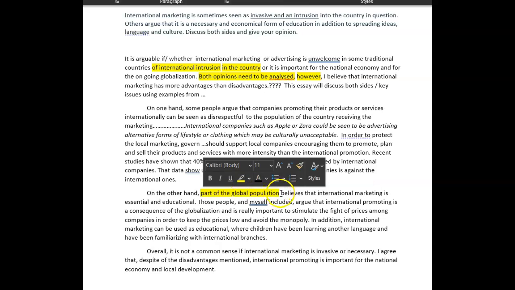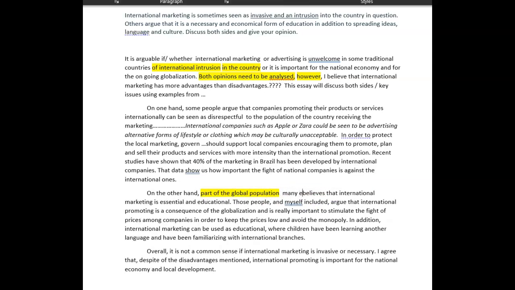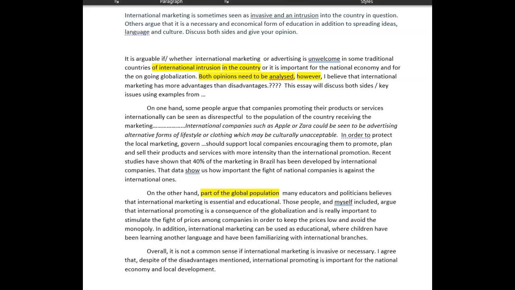I would say, on the other hand, many educators and commentators or journalists or politicians, give the people a name, believe that international marketing is essential and can be or frequently is a good word. Educational. Don't talk about yourself until the end.